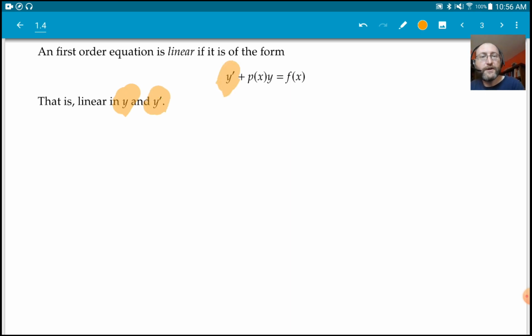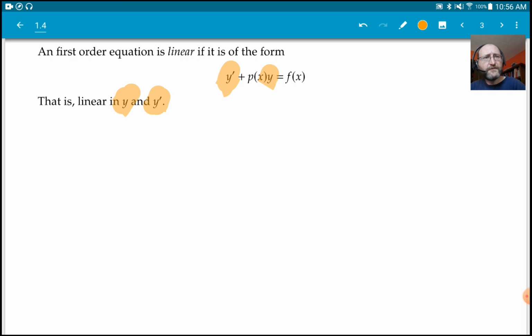So y prime and y only appear as first powers. It's not like sine of y or something. They're not inside other functions. They can be multiplied by some function of x or some constant, but not by themselves. So y squared is not allowed. y times y prime is not allowed.